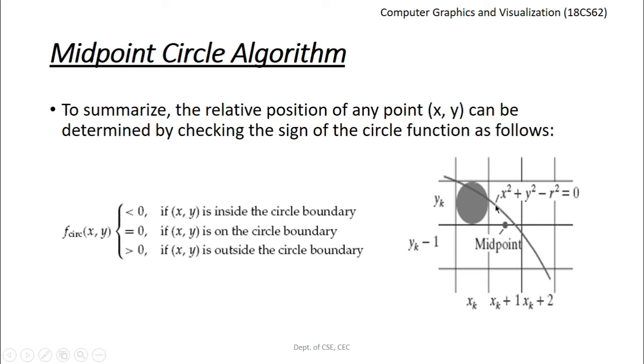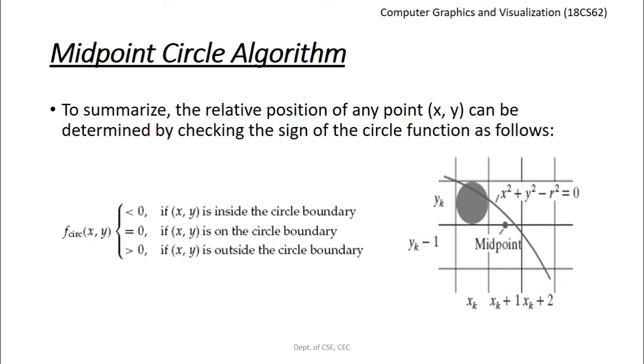the curve actually passes through both these pixels here. Now we have to decide whether this pixel has to be selected or the pixel that is present here. That is, we have to select whether we should consider the pixel at position xk plus 1 comma yk, or the pixel at position xk plus 1 comma yk minus 1.